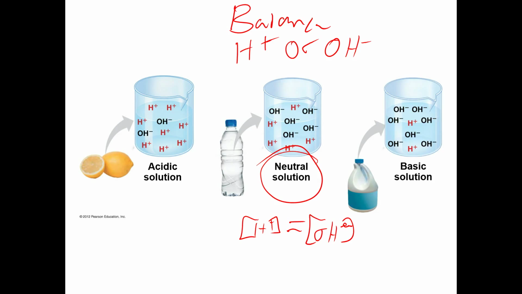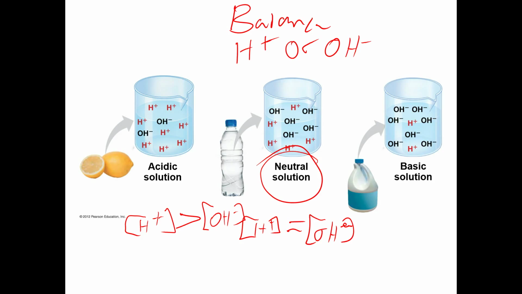Now, when you're talking about, for instance, an acid, in an acid, you have a higher concentration of hydrogen ions. That means that your concentration of hydrogen ions is actually greater than your concentration of OH ions. So you get an acidic solution.